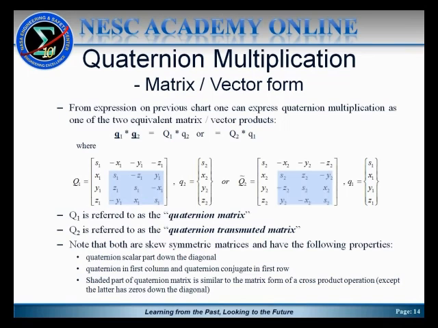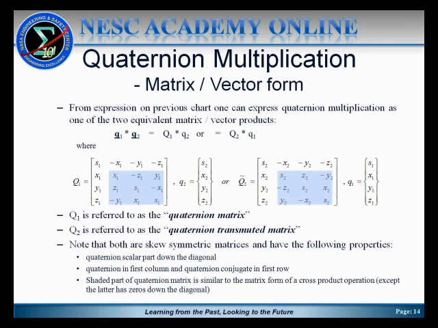And what you'll notice if you look at the one on the left, the shaded area in the capital Q1 matrix, is that the form is very similar to the form you might have seen for implementing a cross product of a vector by way of a 3x3 matrix. You might remember that form.